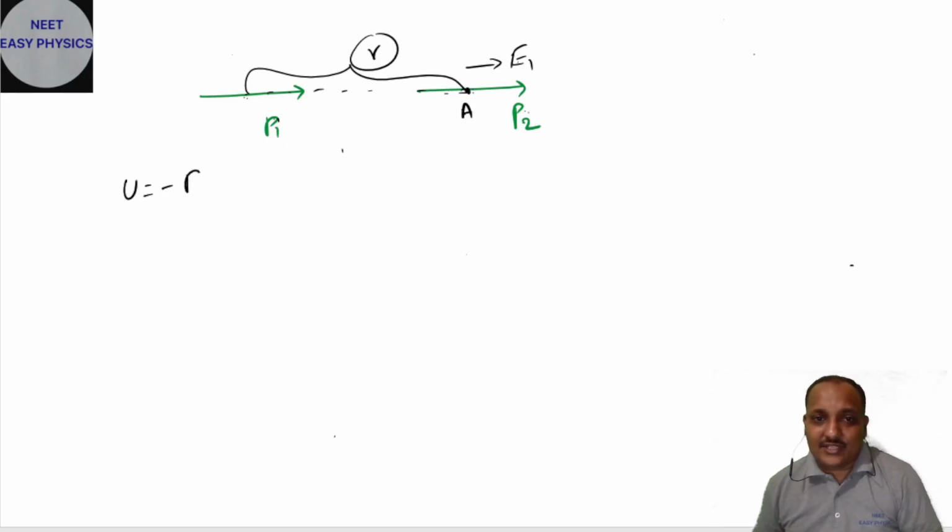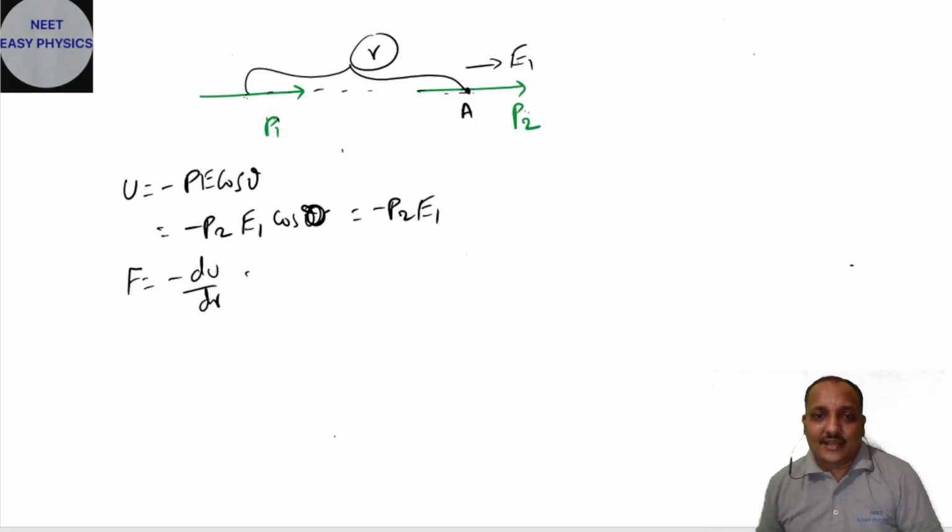Therefore, potential energy is equal to minus PE cos theta, minus P2 E1 cos 0. Theta is 0. Therefore, minus P2 E1. Again, force is equal to minus dU by dr. So minus d by dr of what you will get here?